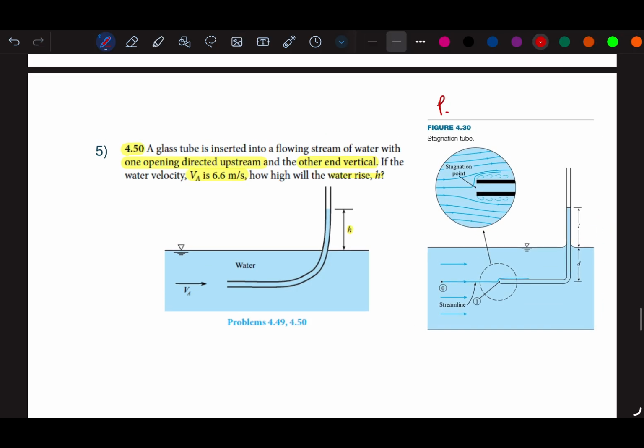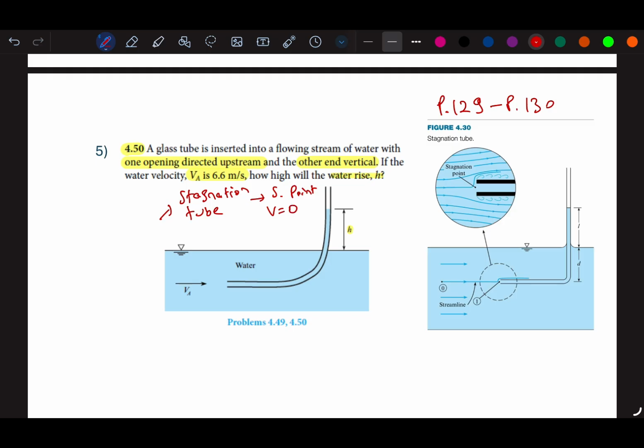In pages 129 and 130, you can find more information about stagnation points. So this is actually called a stagnation tube. At this point, let me call it the S point, the velocity is 0, because you can see an example here.